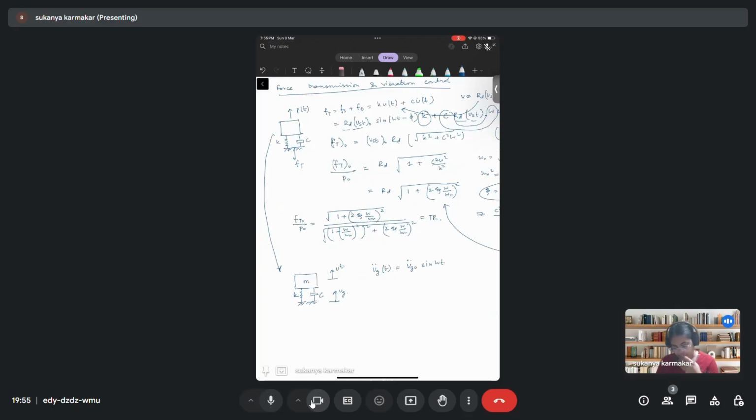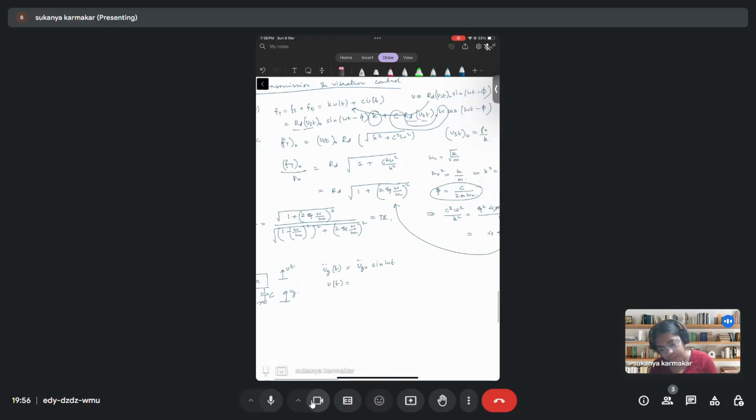Now your U of t, here we had written U of t to be of the format UST naught into RD sine of (omega t minus phi). I'm writing this from here. Now we know that when there is ground acceleration, P effective will be minus m into UG double dot.